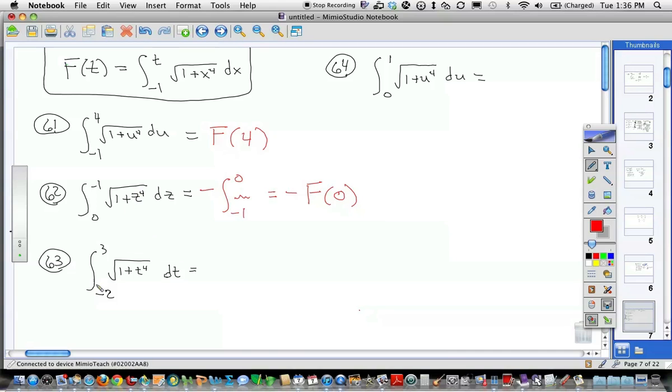All right, then you get to 63, and the issue there is there's no -1 anywhere. Well, that's where that top property on the board over there comes into play. That property says that this integral from -2 to 3 is the same as the integral from -2 to -1, okay, plus the integral from -1 to 3.